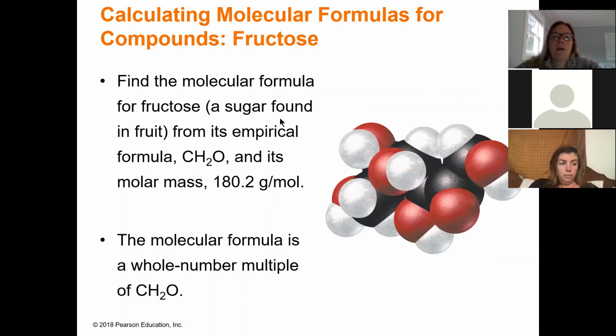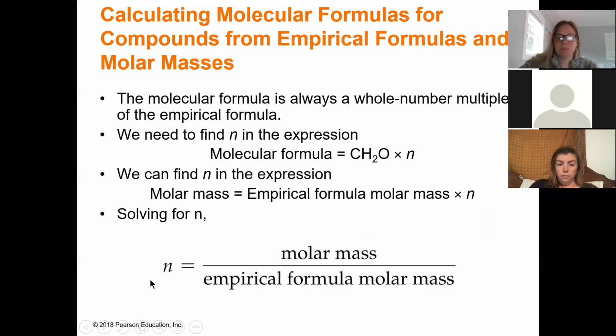So I want to know what the molecular formula of fructose is. And let's say we solved for this in the previous problem, so we know the empirical formula of fructose is CH2O. If I tell you that its molar mass, or how much it actually weighs in real space, is 180.2 grams per mole, you should be able to figure out the molecular formula. How are you going to do that?